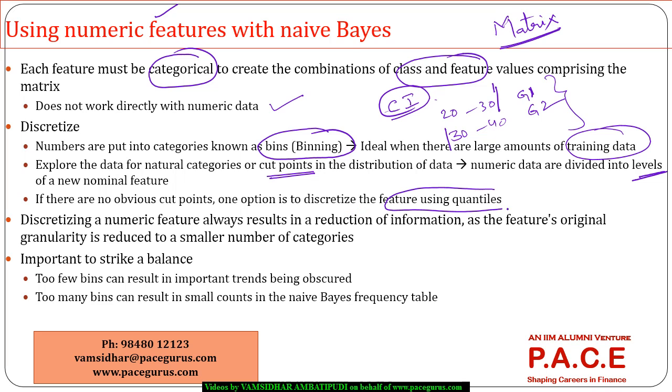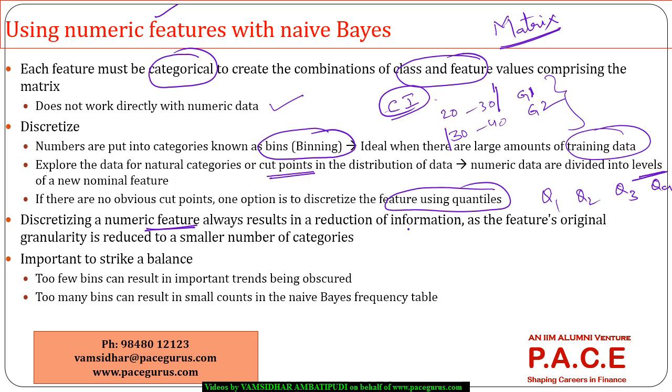Otherwise I can create quantiles, probably quartiles Q1, Q2, Q3, Q4. But I have to discretize any numerical variable if I have to use the naive Bayes algorithm for classification.